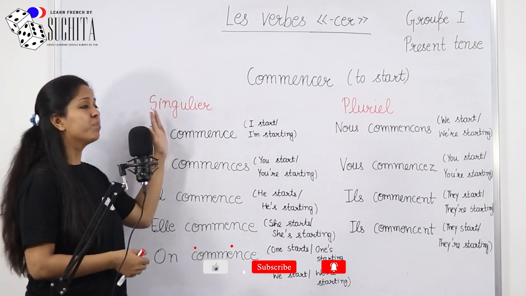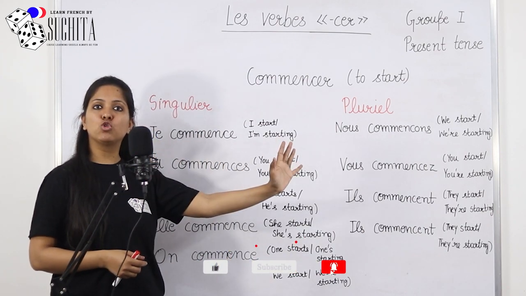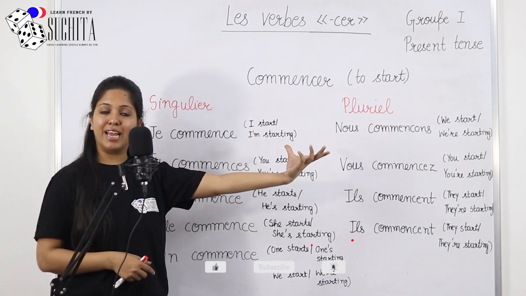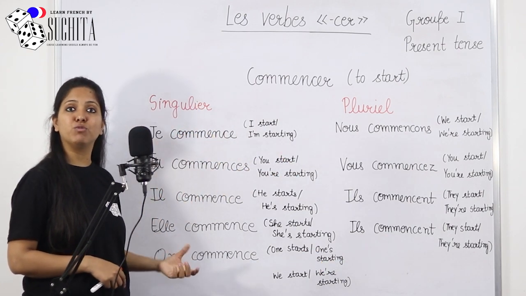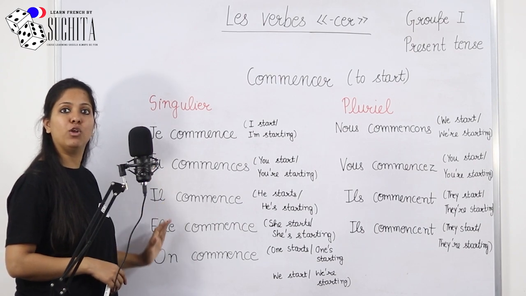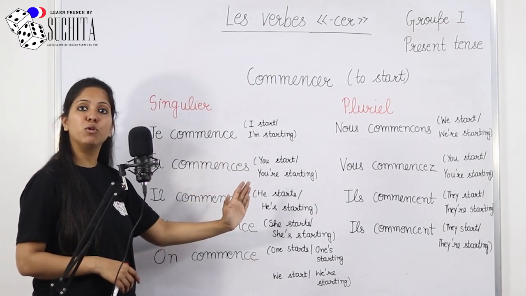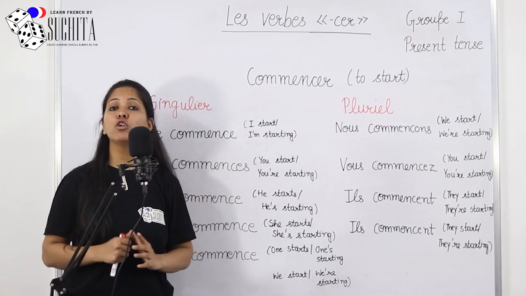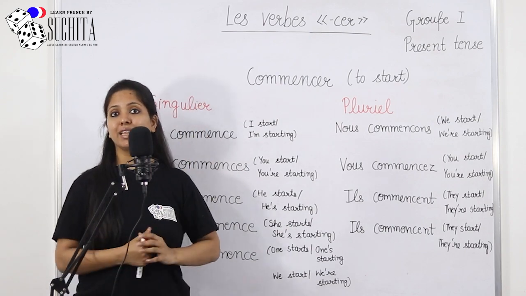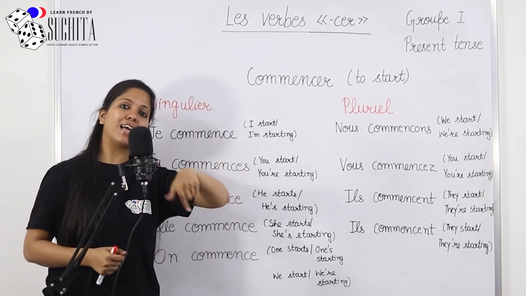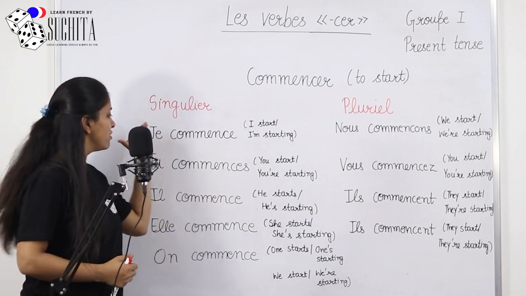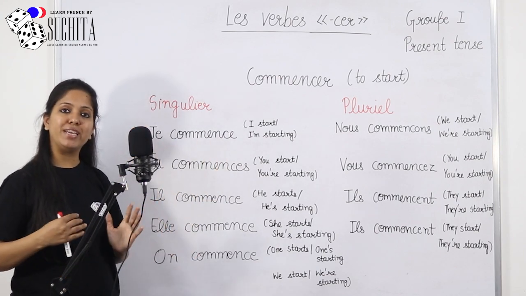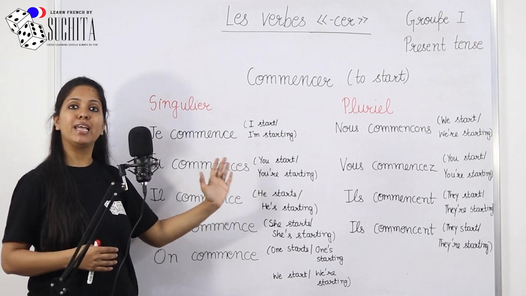Now, we'll divide our table into two parts, singulier et pluriel, and we are going to write all the subjects: je, tu, il, elle, on, nous, vous, il pluriel et elle pluriel. If you do not know what subject pronouns are, I'm dropping the link in the card above. You can watch that video first and then come back here again.